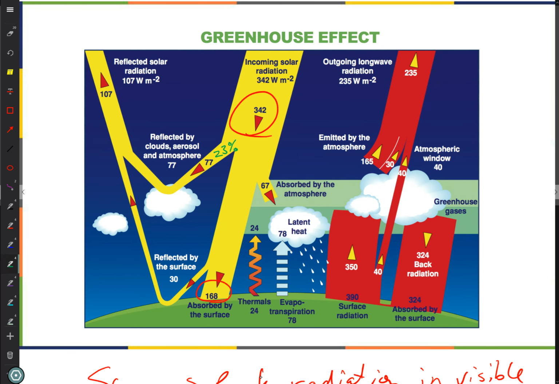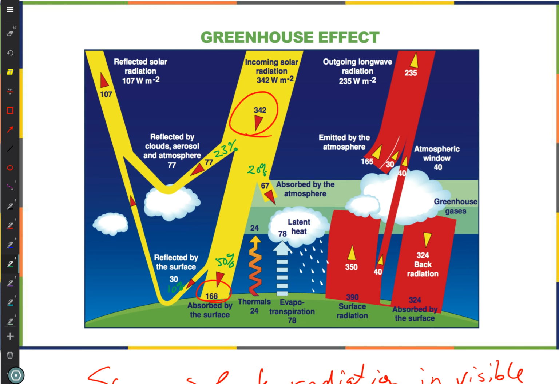And you have about 20% that is absorbed into the clouds up in the atmosphere. And it's right around 50% that is absorbed into the Earth. And then this here, 30 would be about 10%, that hits the Earth and is reflected. So that's the radiation coming in.